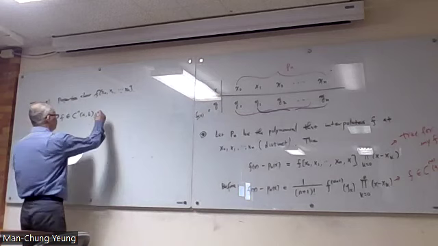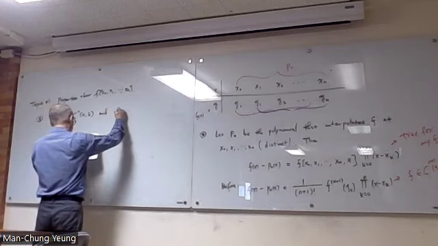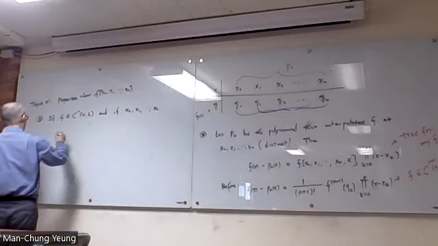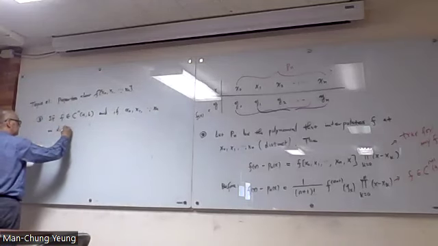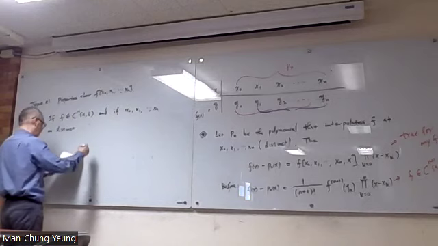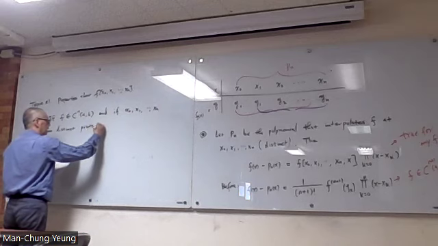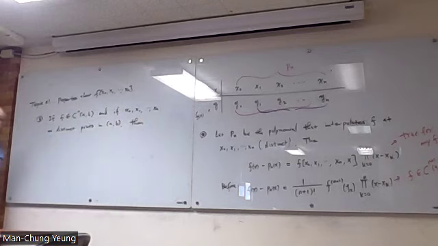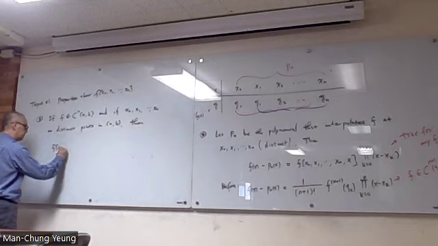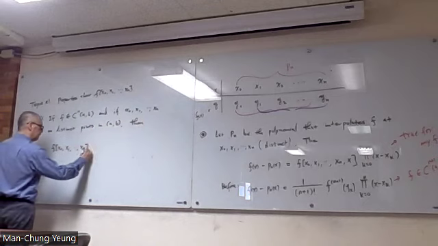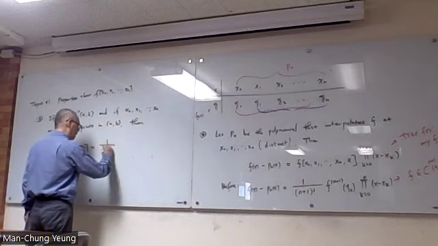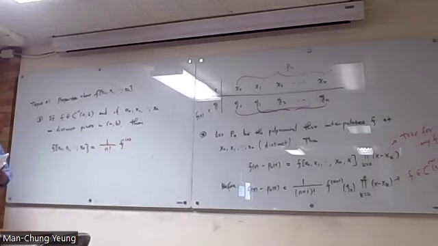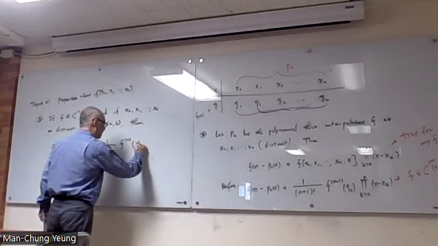And if the points x0, x1, ..., xn are distinct, different points in (a, b), then the divided difference f[x0, x1, ..., xn] is equal to 1 over n factorial times the nth derivative of f evaluated at some point psi.